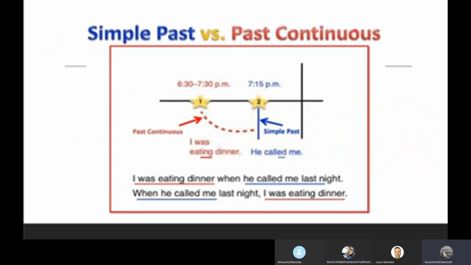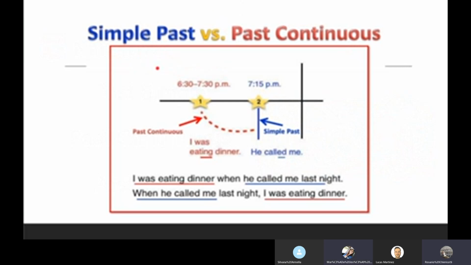In the case of past continuous, it's to show an action that happened during a period of time. And generally, when we use them together, we use them to say that something was happening when an action interrupted. So that's the use of these two tenses together.